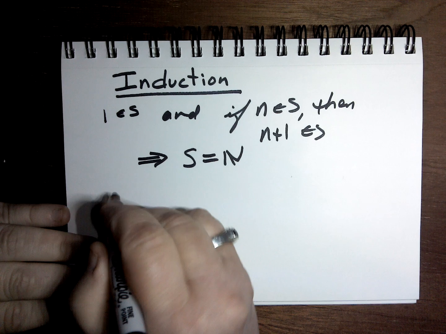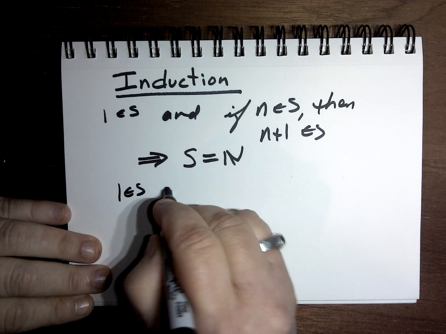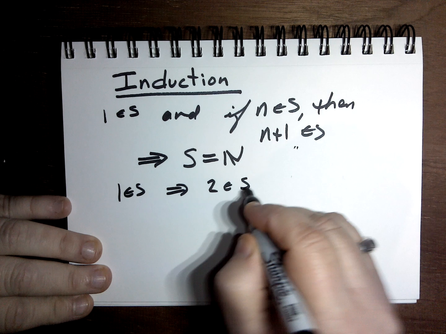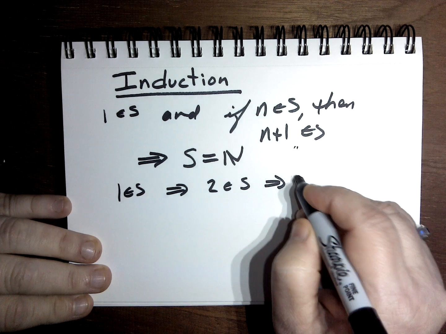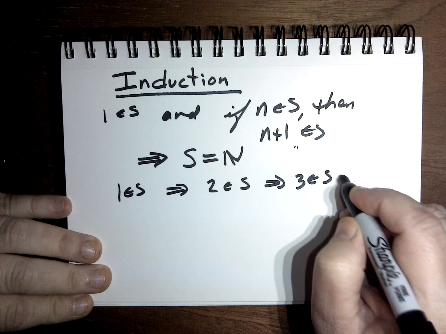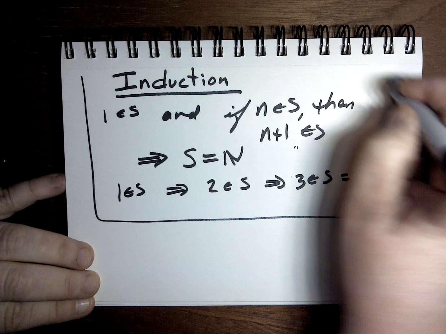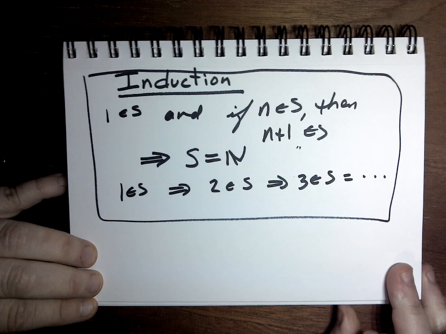Because 1 is an element of S, which means by this, 2 is an element of S, which means by this, 3 is an element of S, and we keep going. So this is a very strong tool we use.